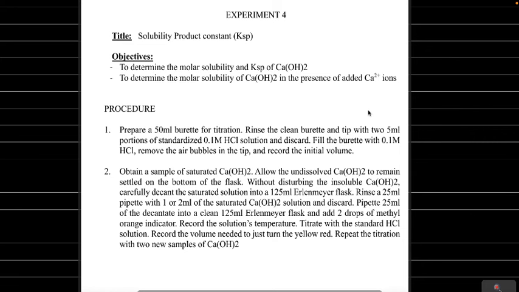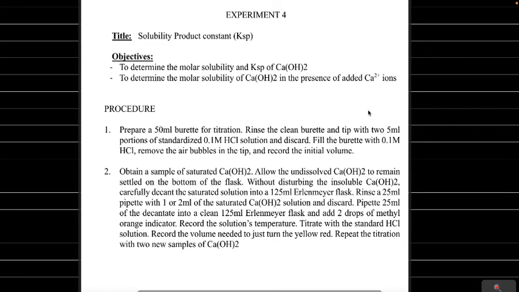Let me read out that procedure 2. They say obtain a sample of saturated calcium hydroxide. Allow the undissolved calcium hydroxide to remain settled on the bottom of the flask. Without disturbing the calcium hydroxide, carefully decant the saturated solution into a 125 ml Erlenmeyer flask. Rinse a 25 ml pipette with 1 or 2 portions of the saturated solution and discard.